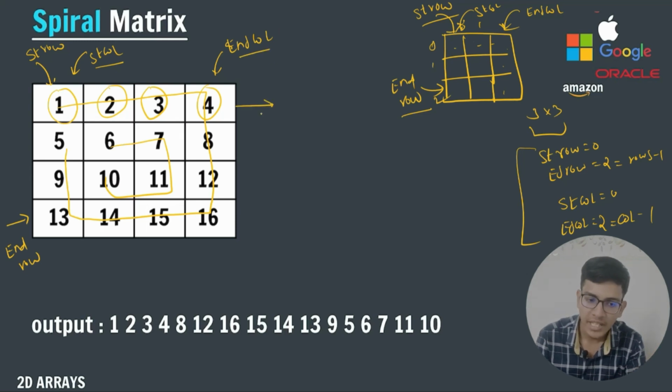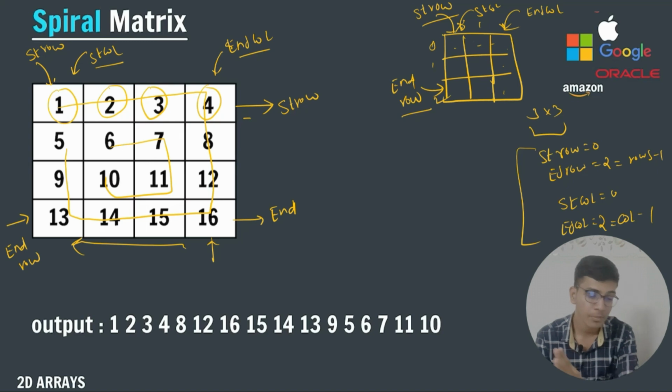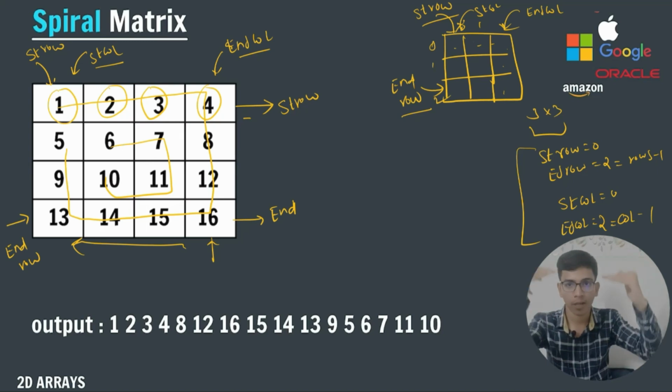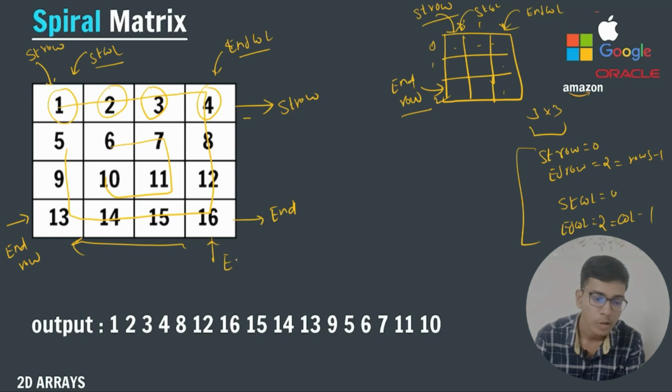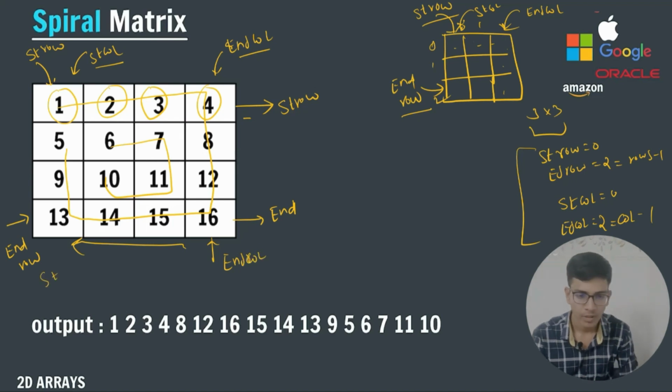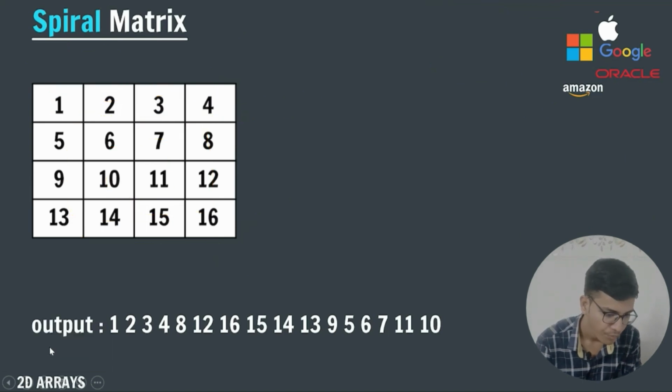After that, from the starting row to the ending row I am printing, and from the ending column again I am changing the values of rows and columns. Here I am traversing column-wise, here row-wise. So I am traversing my two-dimensional array indexes from the ending column to my starting column.